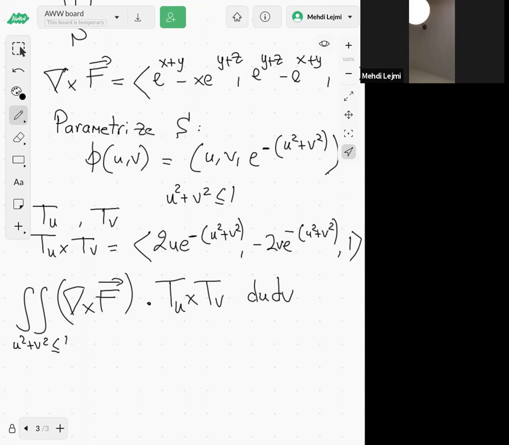If you do the scalar product, I'm doing the scalar product of the curl of F with this normal vector: 2u e to the minus u squared plus v squared, e to the u plus v, minus u, e to the v plus z.